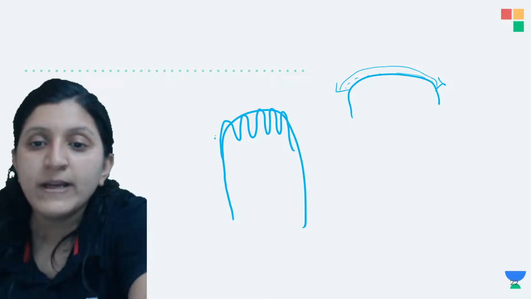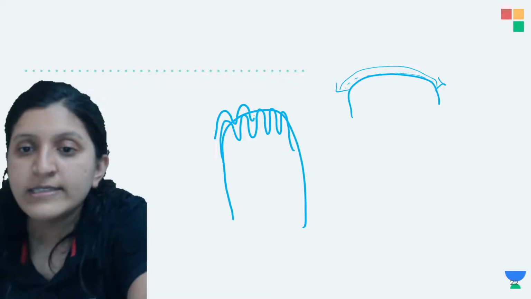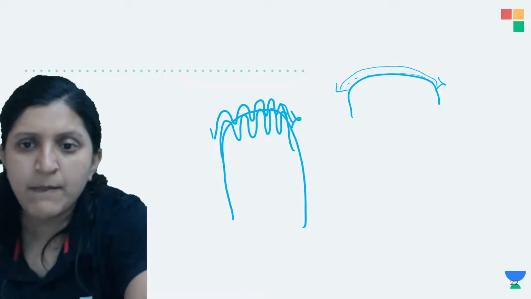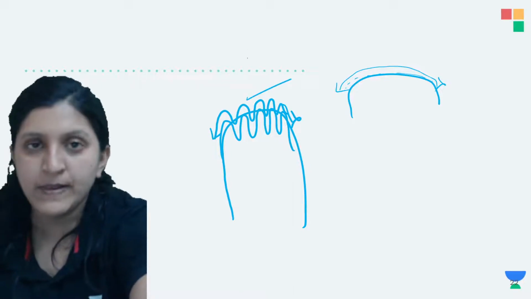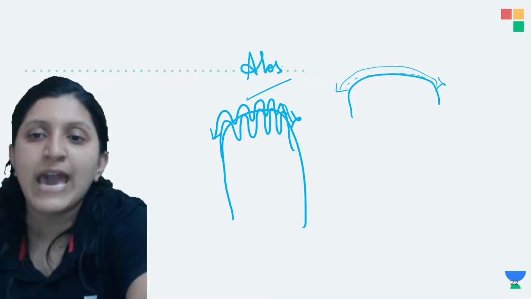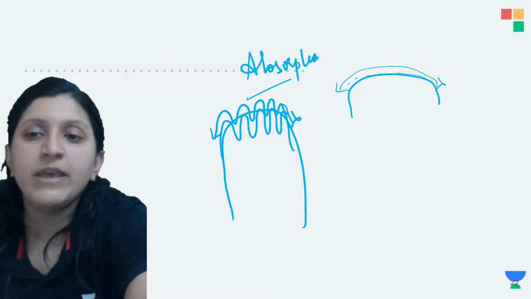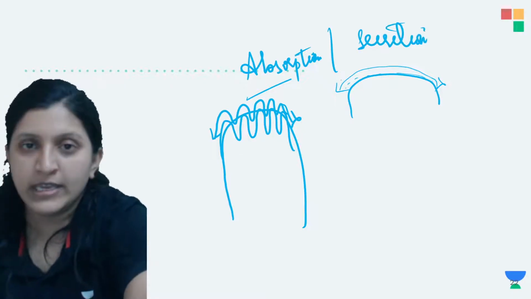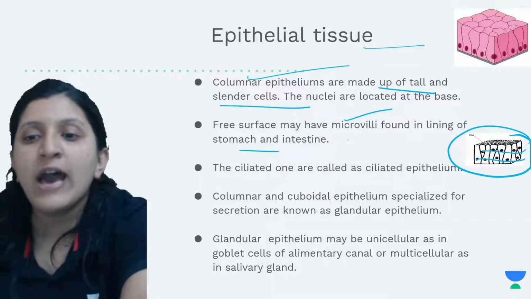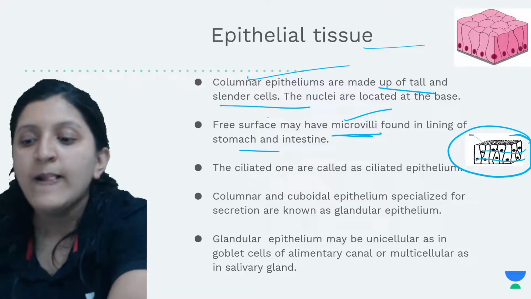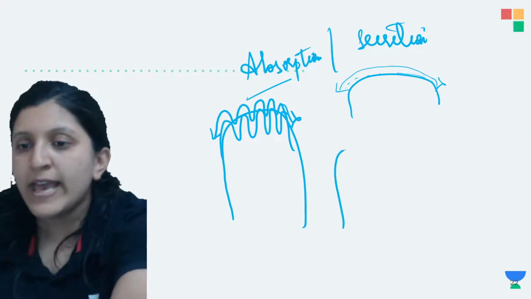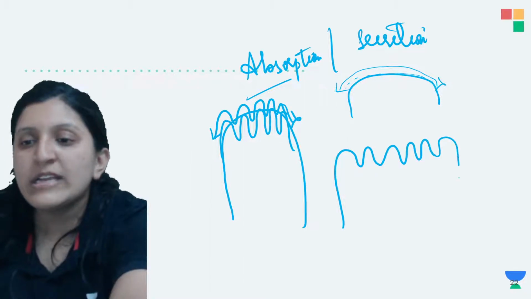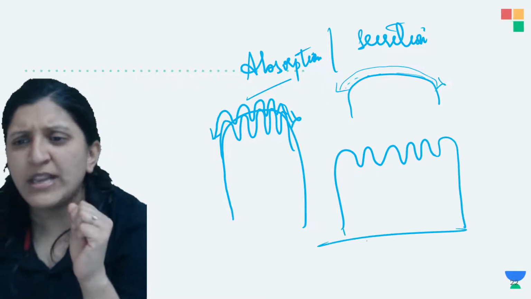Here, the surface area is increasing as the folding occurs, so the maximum amount of surface area is available, for food absorption or maybe enzyme secretion. In that case you can find that microvilli are formed. What is that microvilli? This is a brush border. Like this they form microvilli, to increase the surface area. So this is a cuboidal epithelium.